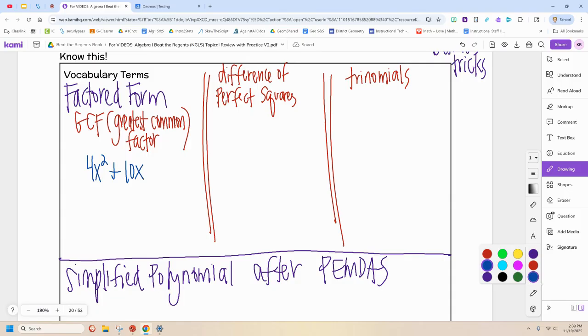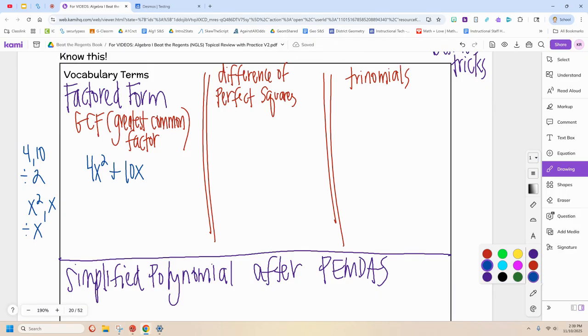So if you notice the numbers 4 and 10, both 4 and 10 are even, so both 4 and 10 are divisible by 2.